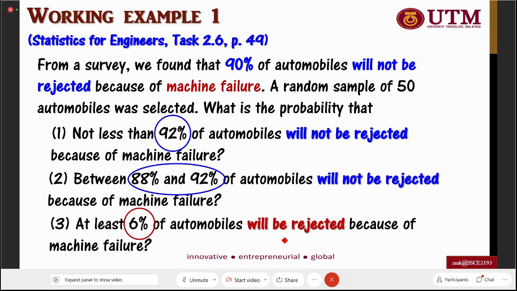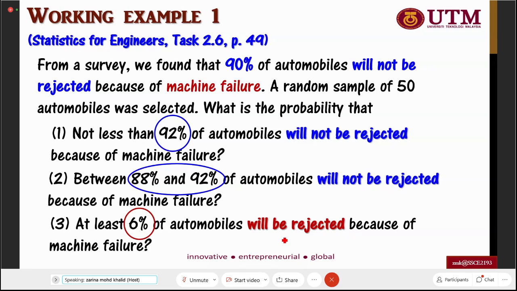For the first one and the second one, you will use this distribution, okay. If you define pi to be the population proportion related to this which will not be rejected, okay, then you can use that pi value in the distribution for p, where p here is the sample proportion of automobiles that will not be rejected.